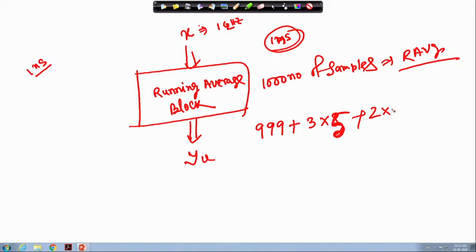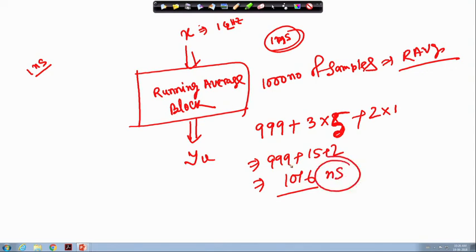So, now 999 plus 15 plus 2 equals 1016. This is the time I require to complete the whole process of the running average of 1000 samples.